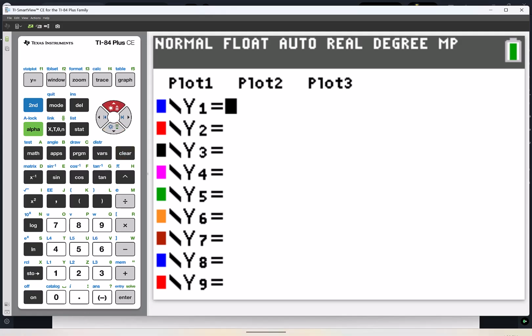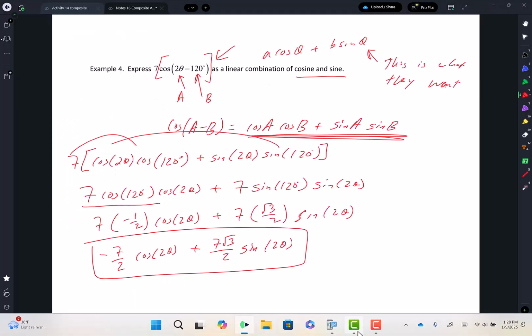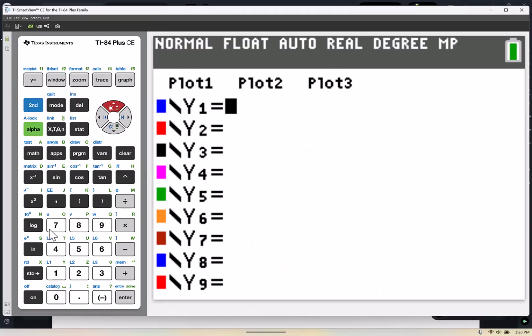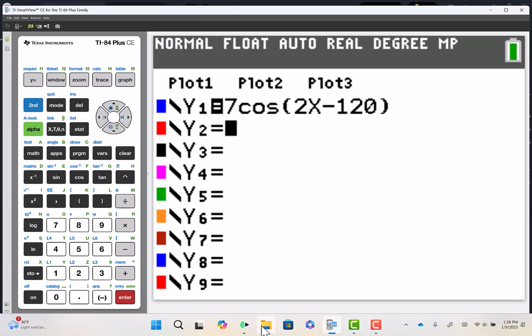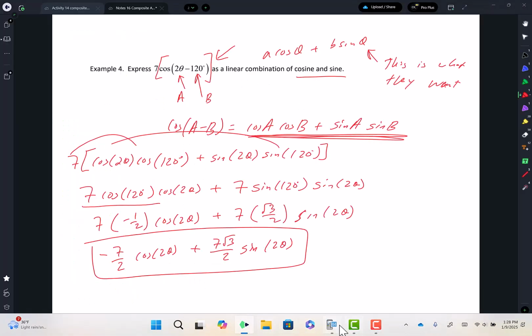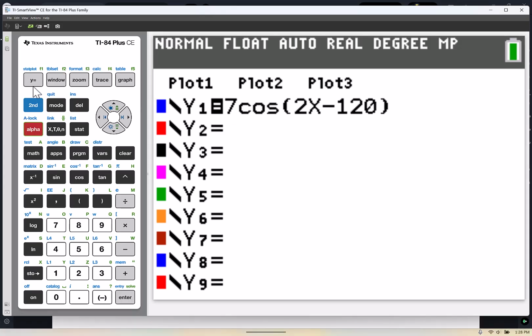And in Y1, I'm going to type in the original, which was 7 cosine 2x minus 120, right? Okay, and then in Y2, I'm going to type in negative 7 halves. Let me use my little fraction feature.